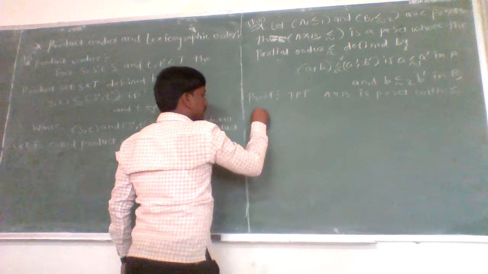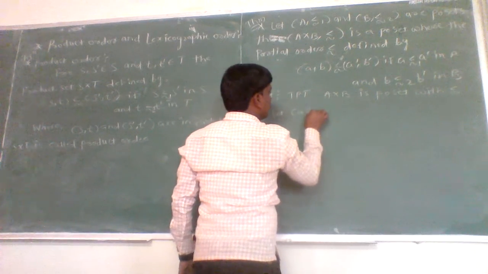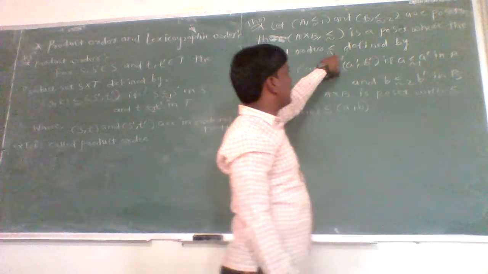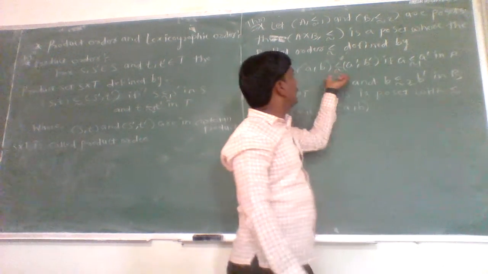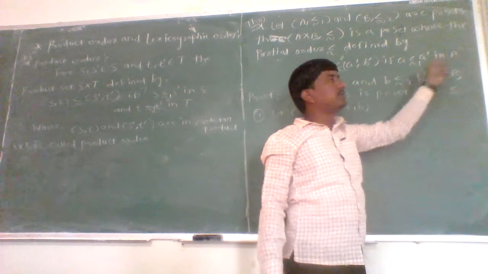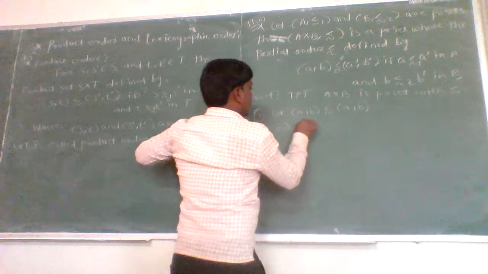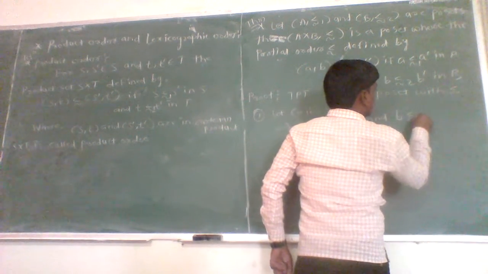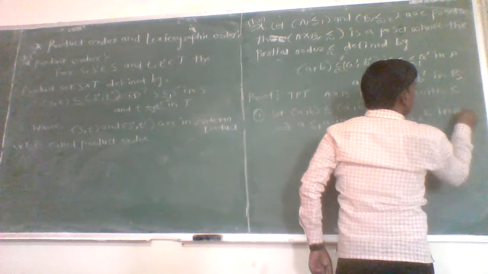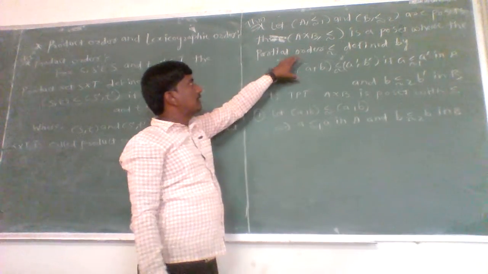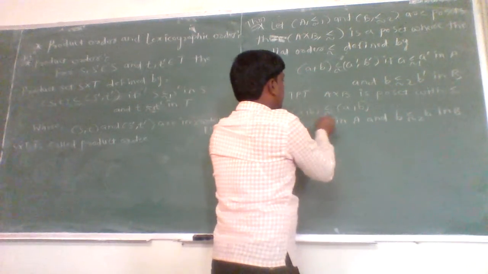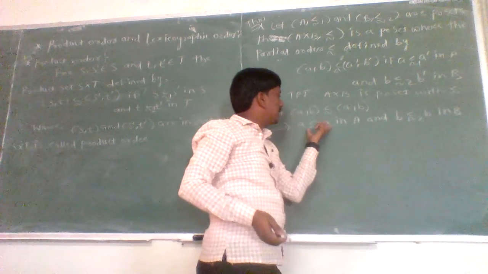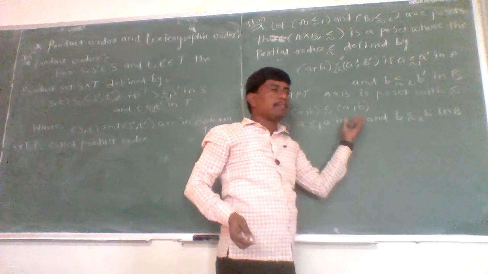Okay. Now, (a, b) precedes (a, b). But we defined that (a, b) precedes (a', b') if a precedes a' in A and b precedes b' in B. Then from this definition, a precedes a in A and b precedes b in B. Now we have to check whether a precedes a in the poset A. We know that A is a poset.